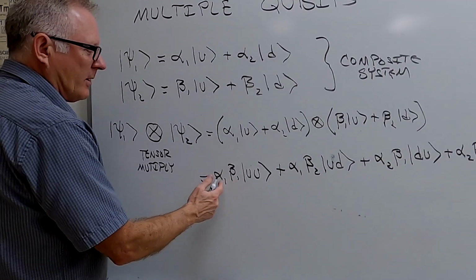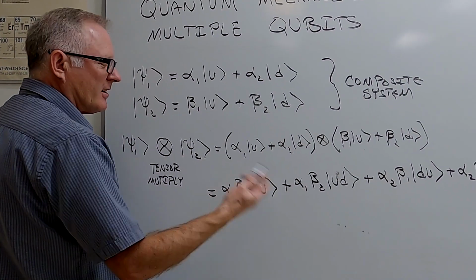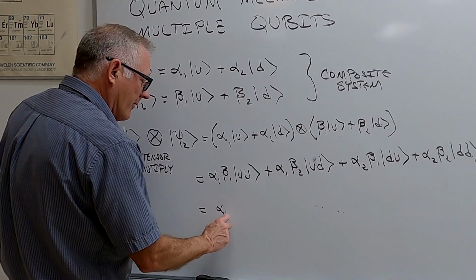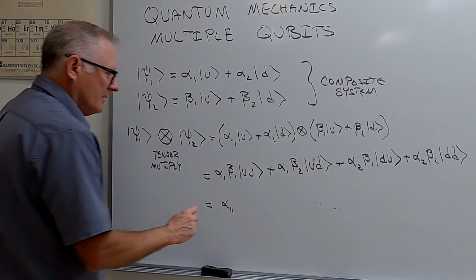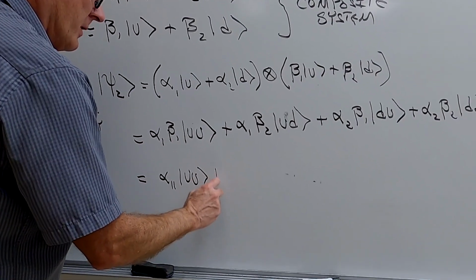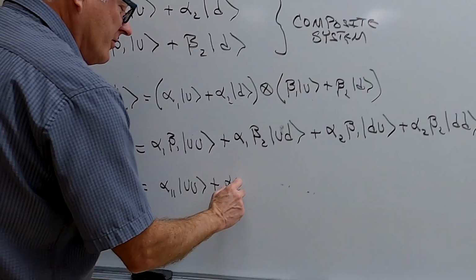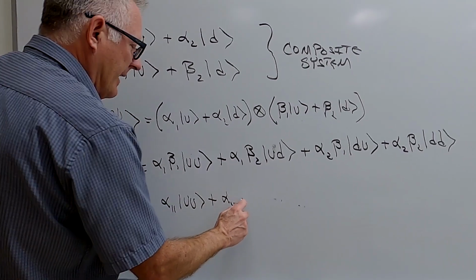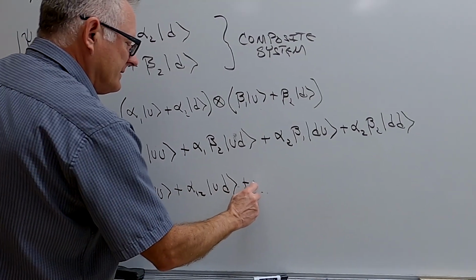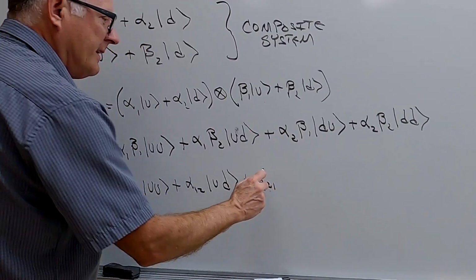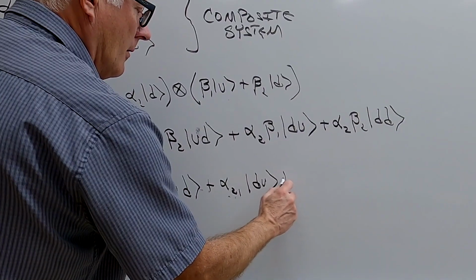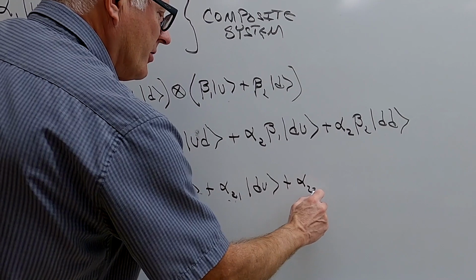It's just multiplying two complex numbers together. It's still a complex number, so why don't I just call it one symbol? We could just call it alpha 1 1 up, up, plus alpha 1 2 up, down, plus alpha 2 1 down, up, plus alpha 2 2 down, down.